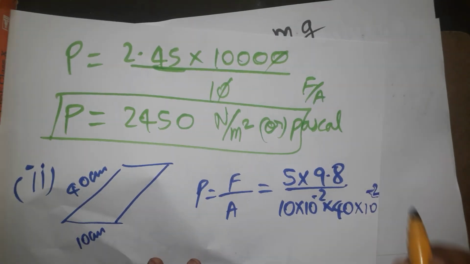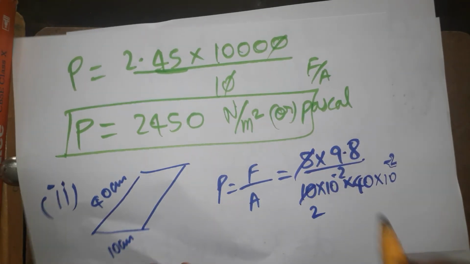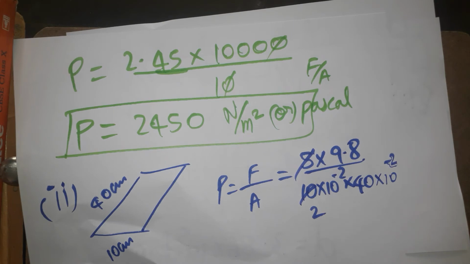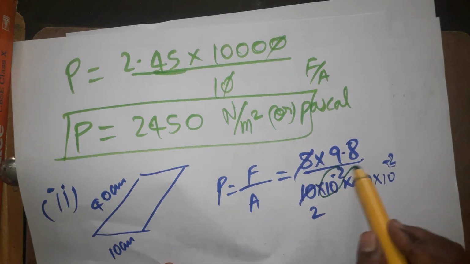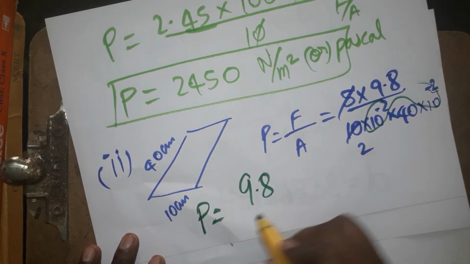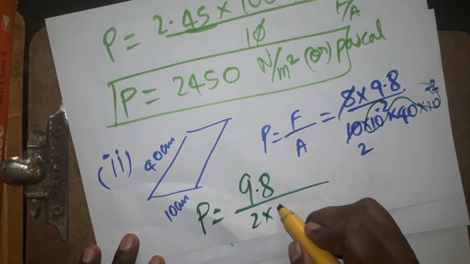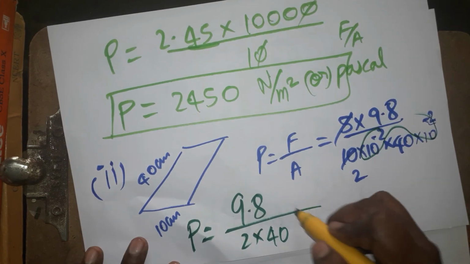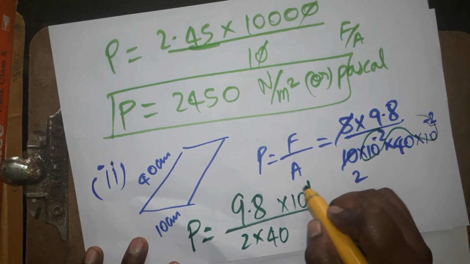That's it. Now this is going to be 2 times, same cancellation. Minus 2 will give minus 4. I take it as numerator. So pressure is equal to 9.8 divided by 2 into 40. Taking this as numerator, 10 power plus 4 we have.